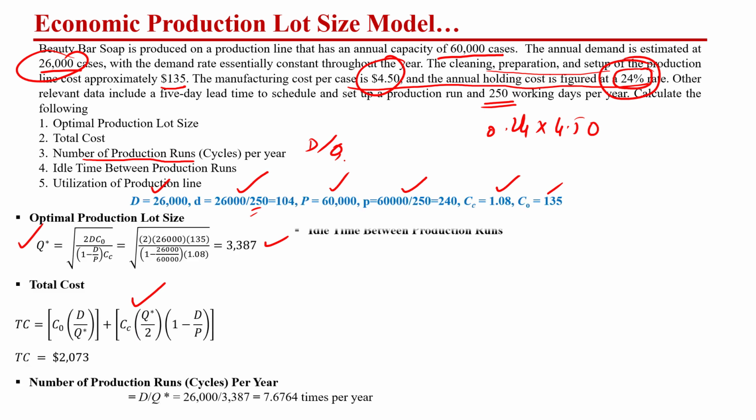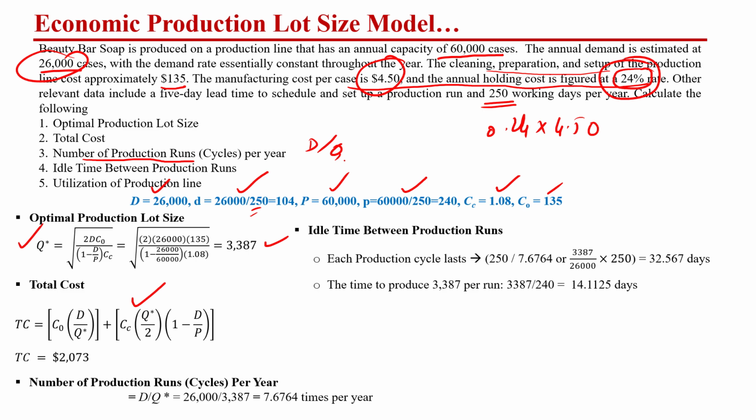So to calculate the idle time, the order cycle is D over Q, multiplied by 250 in order to get the order cycle in days. And then we calculate the time to produce this unit, which is going to be Q star divided by P.